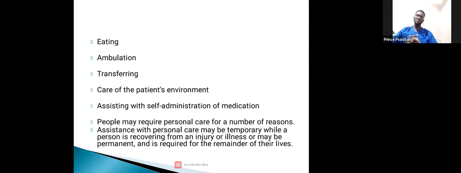But where the injury or disorder is permanent, the patient may need this care for the remainder of their lives. This is an example of someone who is currently being assisted in bed.